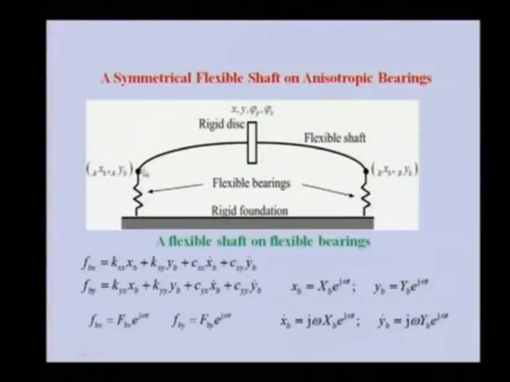So these forces are obviously a function of spin speed. We can write these bearing forces as F b x, capital F b x, which gives the magnitude and the phase information of the force, times e to the j omega t, where omega is the angular velocity.